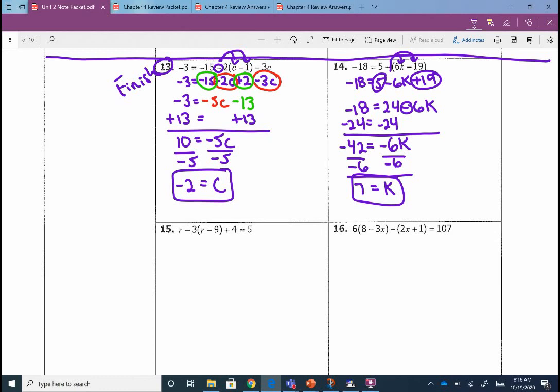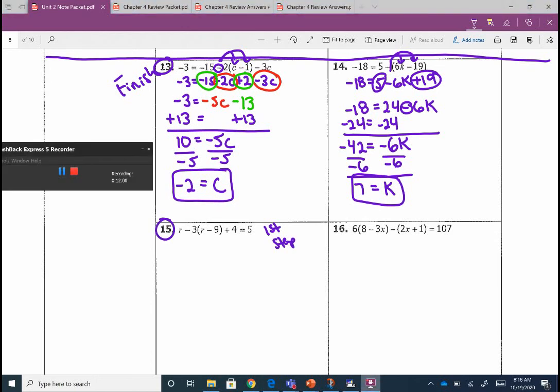Be super careful with that negative sign. Be super careful with those negatives when we're distributing and combining our like terms. I want you to just try the first step, number 15. I'll give you a minute to try it out here. Just the first step on 15. That's all I want you to try.